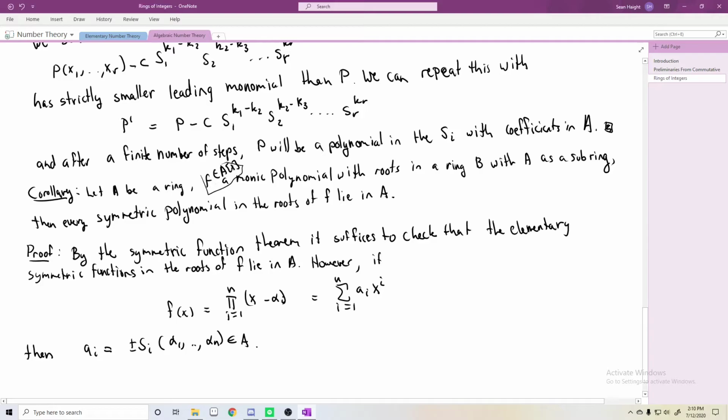F necessarily has to be a polynomial in A[x]. Okay.